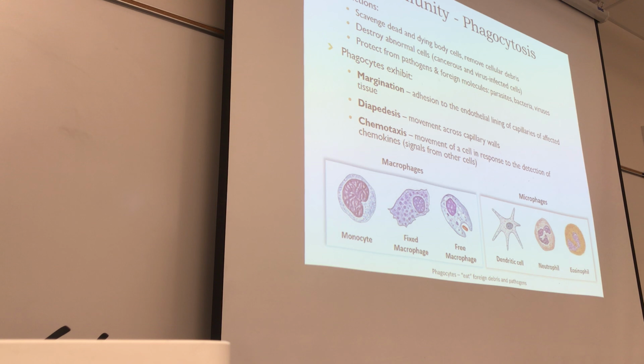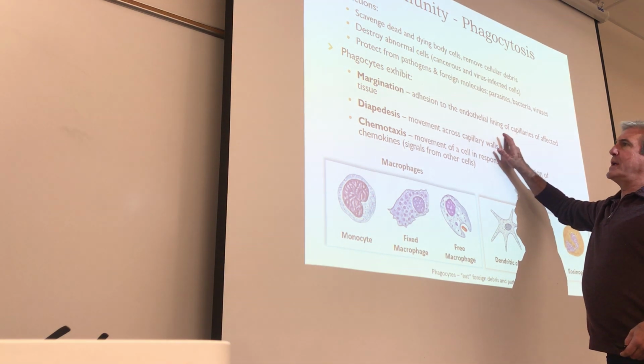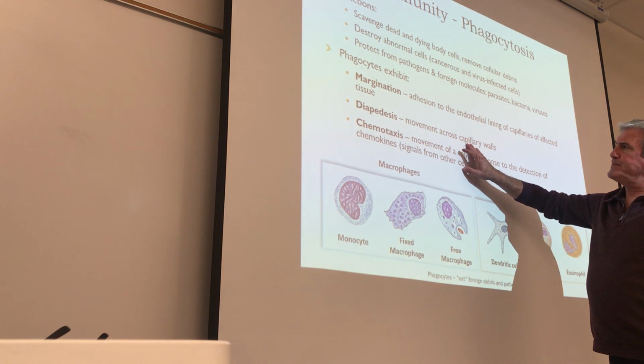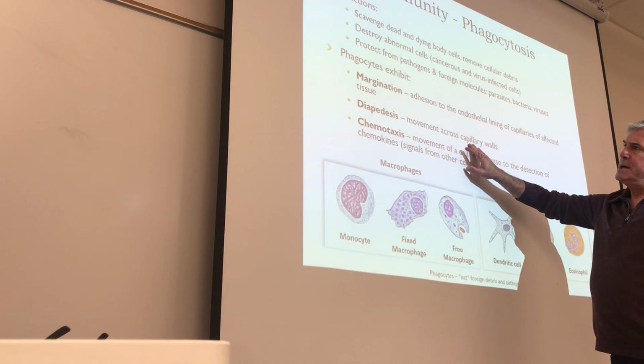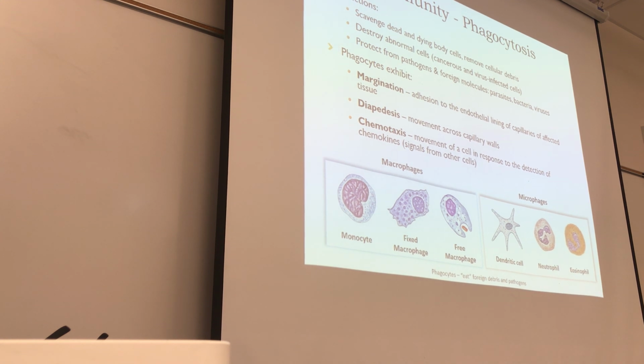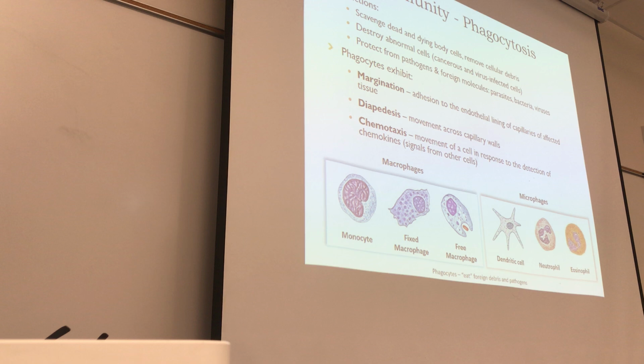Or they can leave the capillaries and go into the interstitial fluid through a process called diapedesis. They will leave the walls of a capillary and exit between the squamous cells, if they're drawn to a site, and that is called chemotaxis.